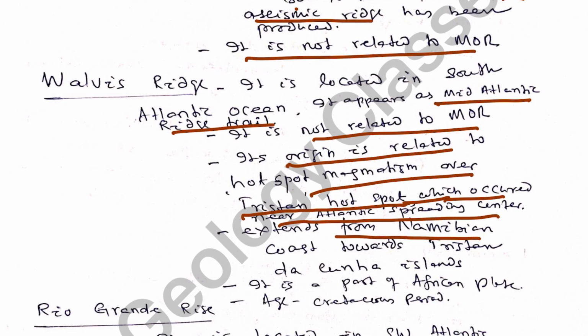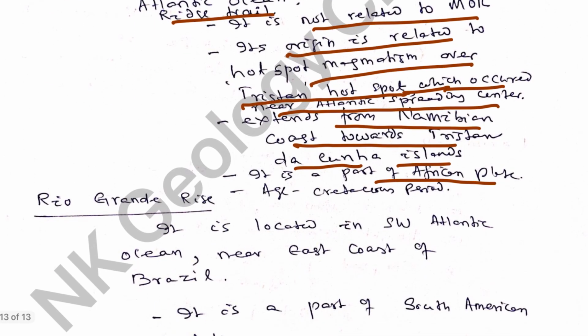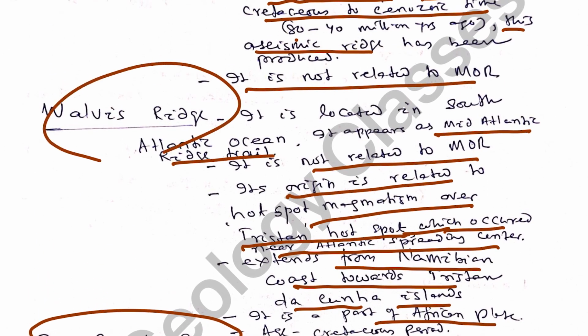It extends from the Namibian coast towards the Tristan da Cunha Islands. So it is a part of the African plate. Similarly, we have another ridge, that is Rio Grande Ridge, which is occurring on the west side of the Walvis Ridge.